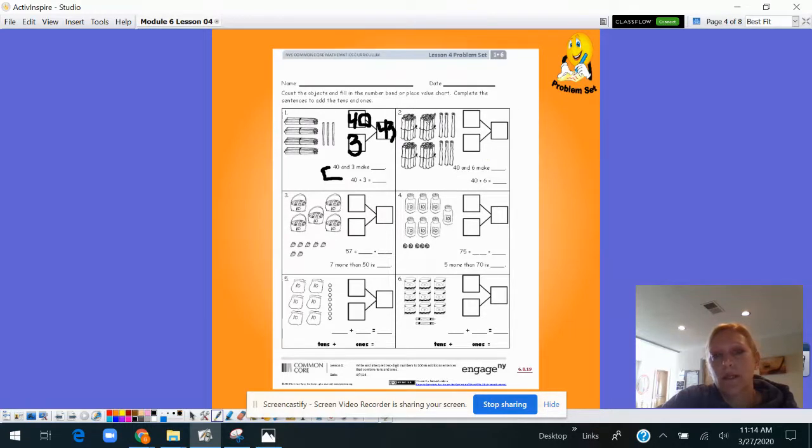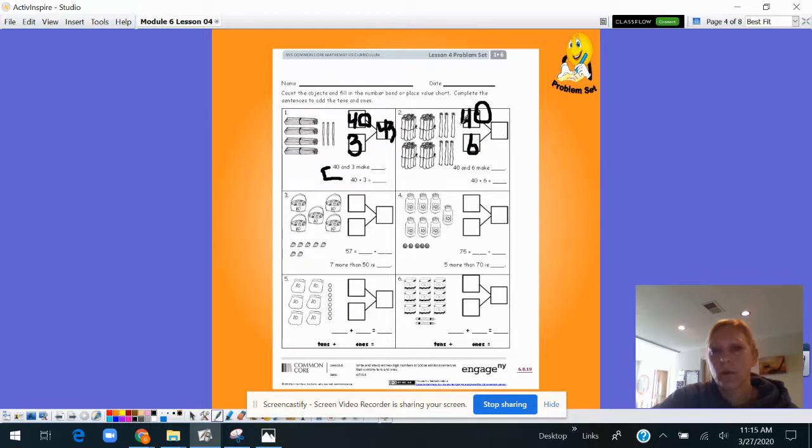We have 1, 2, 3, 4 tens. Let's go ahead and use our tens, counting by tens. Let's count our bundles. 10, 20, 30, 40. We're going to write in our number bond part 40. Then in our ones, we have 1, 2, 3, 4, 5, 6 ones, which makes our other part.